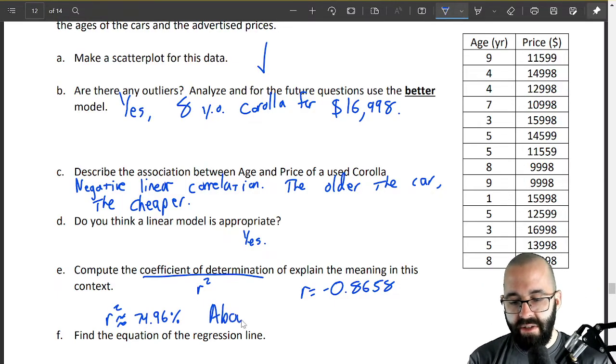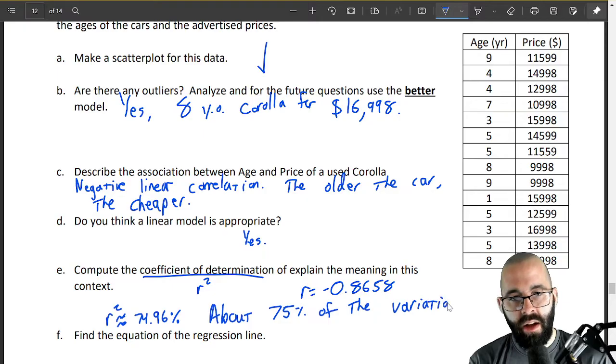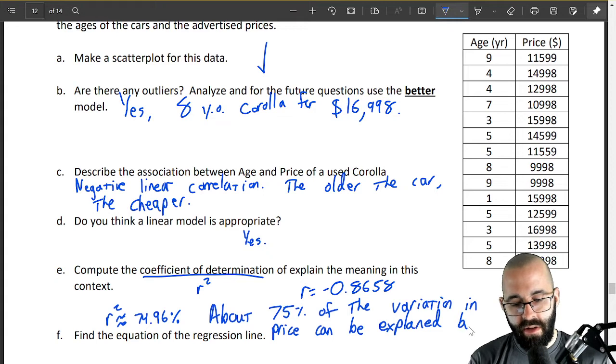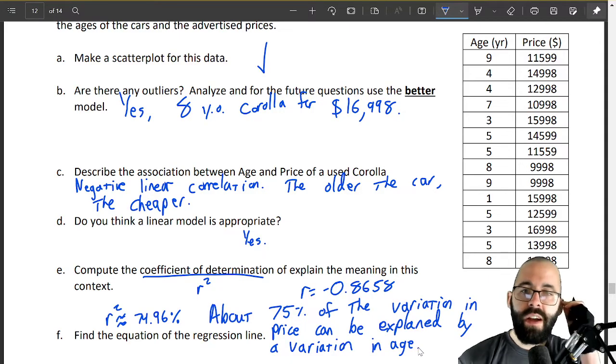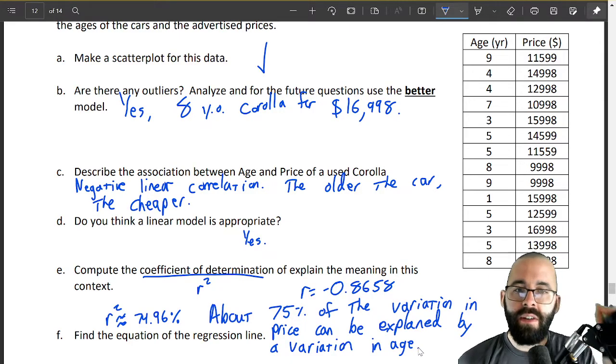So we could say about 75% of the variation in Y, the variation in prices, can be explained by a variation in age. So about 75% of that difference can be explained by age, and 25% of the variation from our model cannot be explained by age and would have to be explained in some other way.